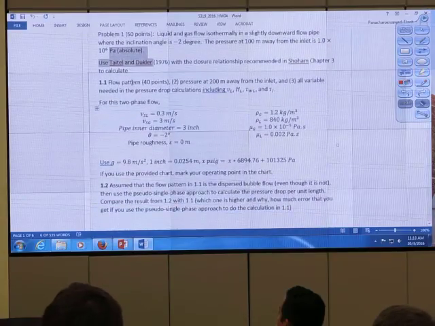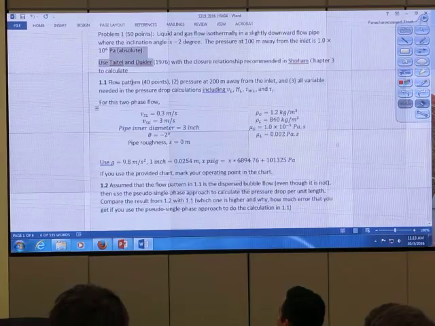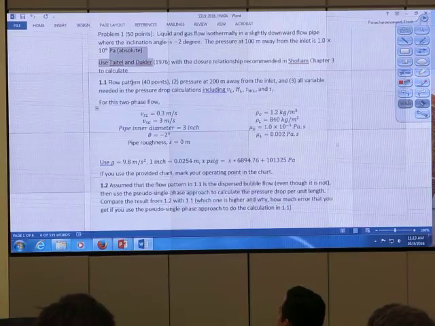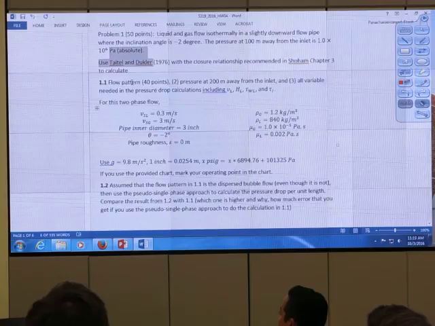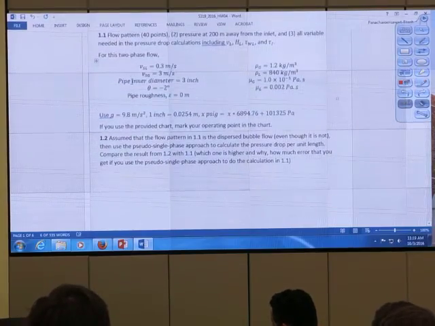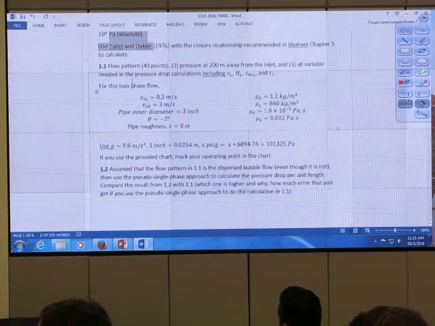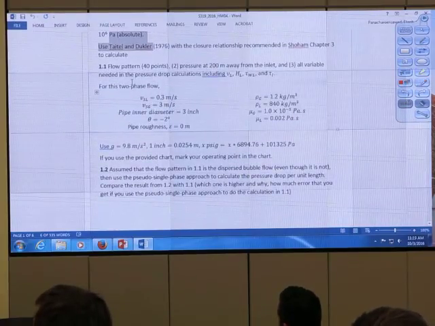So, when you use the generalized map, you get to a region that, when you put it in the flow pattern program, is not going to give the same result. So use the map, you may get different results. I got stratified wavy, but in the flow pattern program, you get stratified.